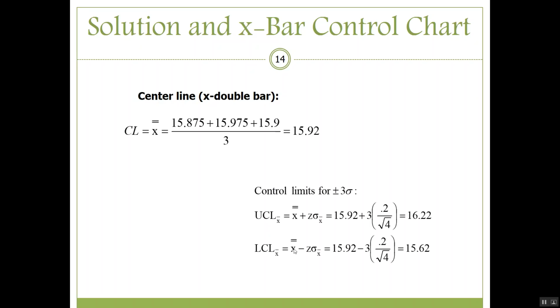For both of them, I need to know the value of x double bar, which we just calculated. And then we need to know the value of z, the number of standard deviations. How did I get that?